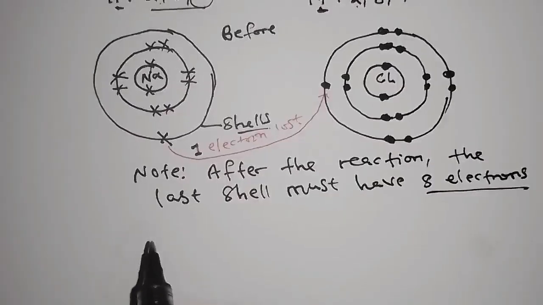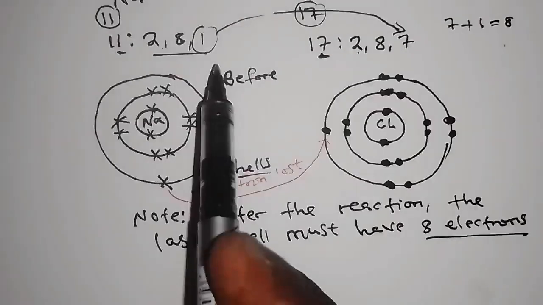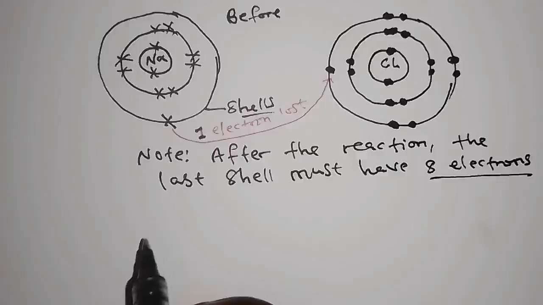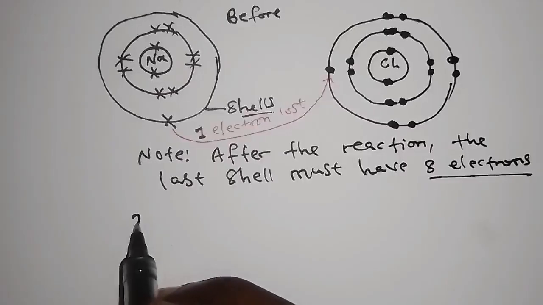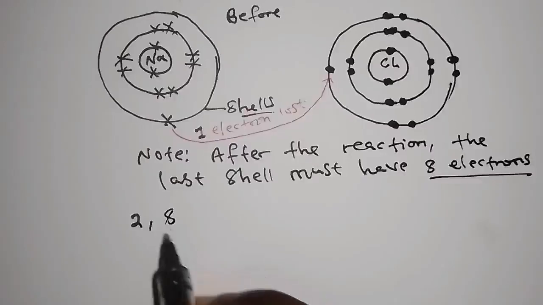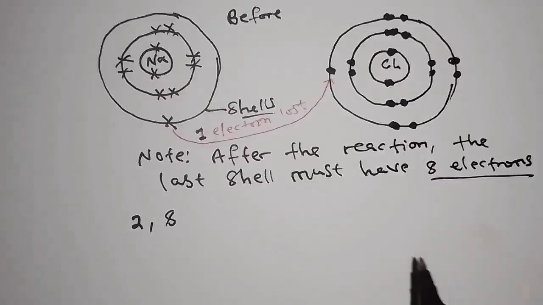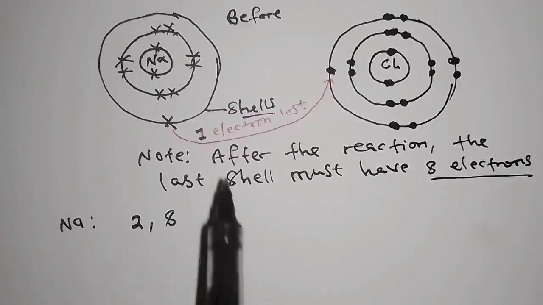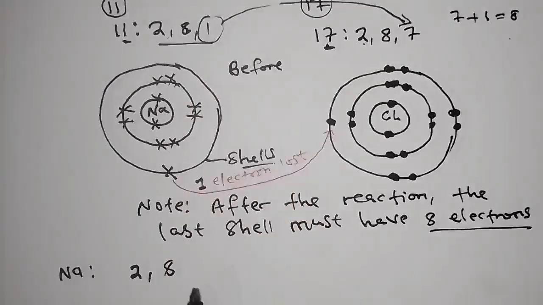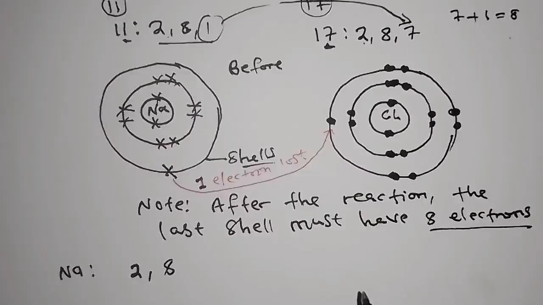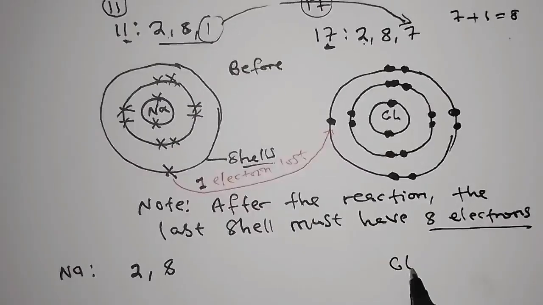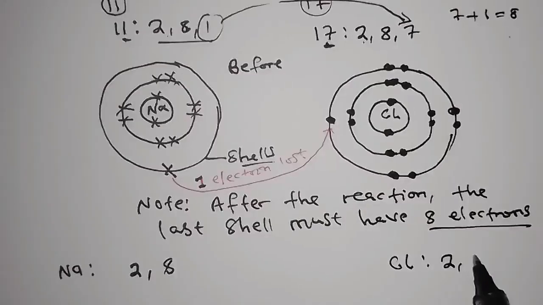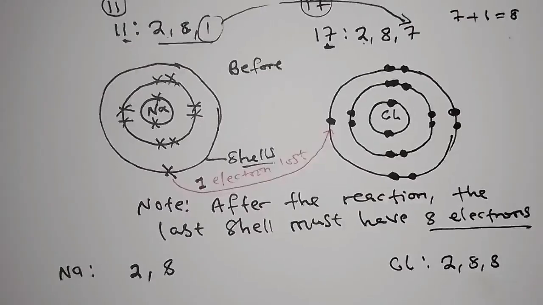So the configuration, after this one electron is lost, is going to be 2, 8. Once sodium loses 1 electron, it remains 2, 8. And for chlorine, it is going to be 2, 8, 8.